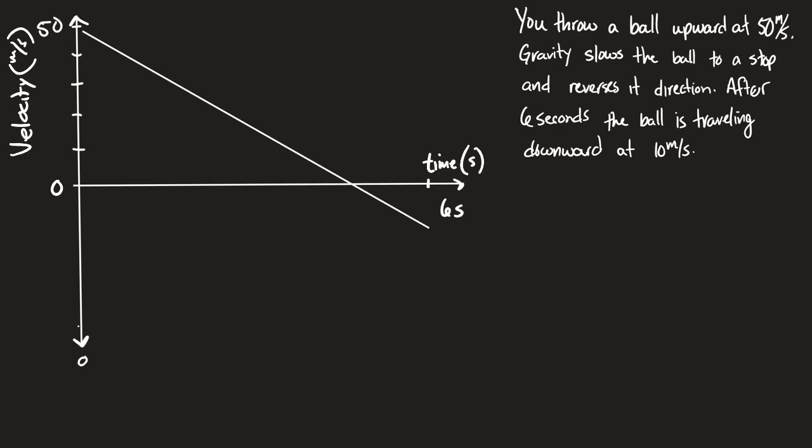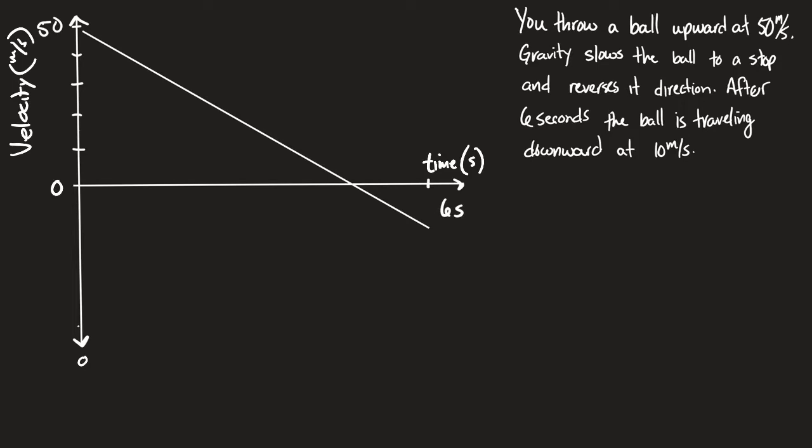Now, I have no reason other than me telling you to believe that this is a straight line, except we have talked about it. We have said that gravity is a constant, and the way in which gravity interacts with an object will be to change its velocity at a constant rate. So I assumed the velocity would be a straight line.